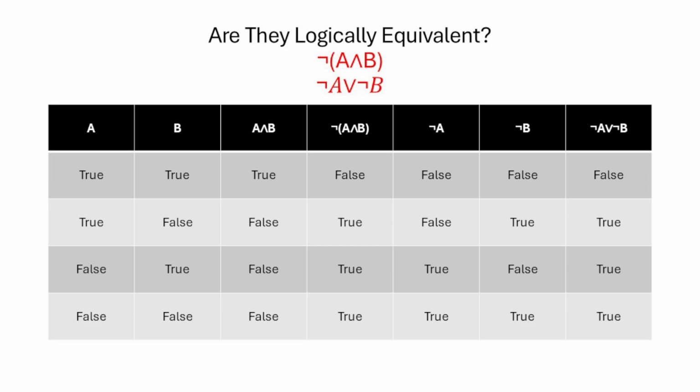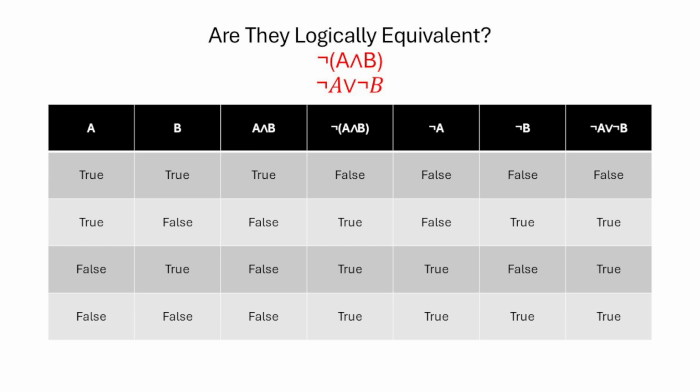If you look at the first row, A is true, B is true, A and B is true, and the negation of A and B is false. We also have not A is false, not B is false.